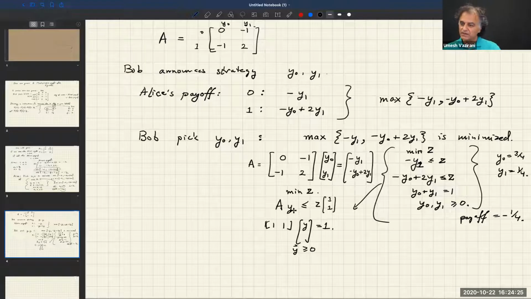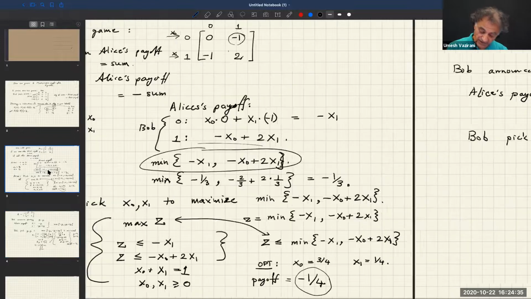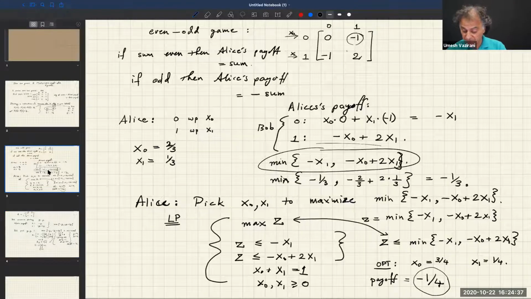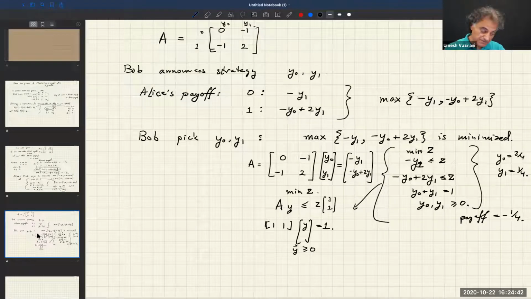Okay. Now, if you were to look at what we did on the previous page, when we wrote our LP from Alice's viewpoint, that LP ends up being A times X, except we want X to be a row vector, so we look at it as A times X transpose.